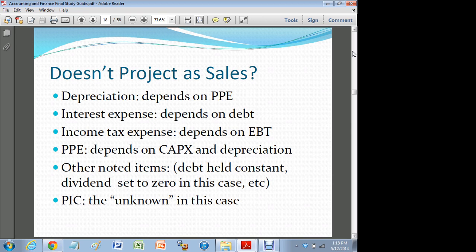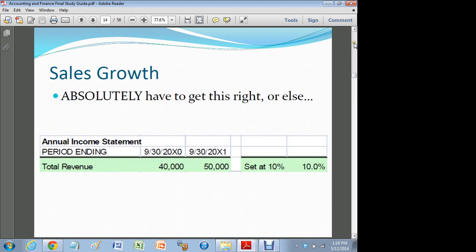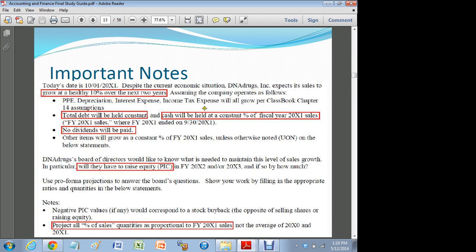And anytime you see words like held constant, set to 0, and so forth, as in this example, where we had debt held constant and dividend set to 0, that's why it was important to highlight these when we first had the example, to know that that's what we're going to do.